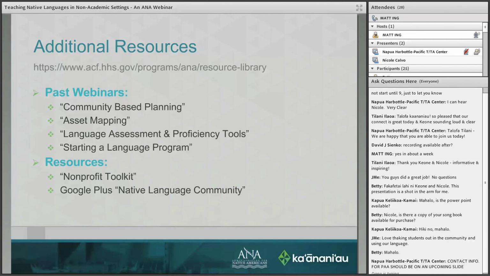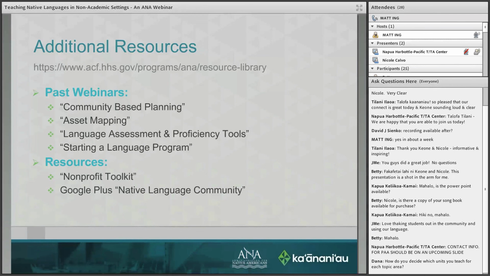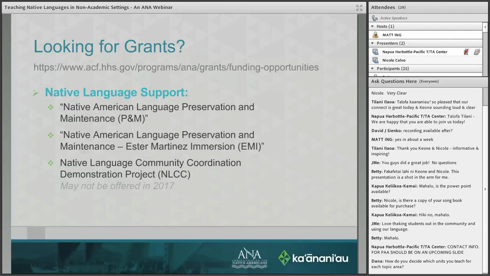You have to have a Gmail account for that. And if you're looking for grants, there are Native American language preservation and maintenance, and this is all ANA, as well as the Esther Martinez immersion program, and the Native Language Community Coordination Demonstration Project, but it might not be offered next year.